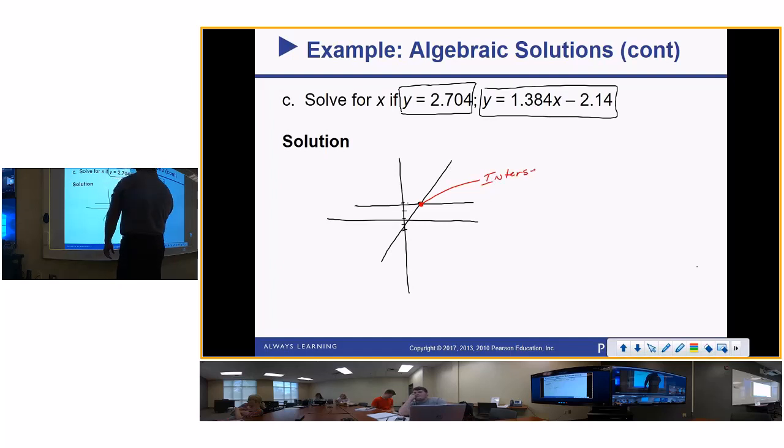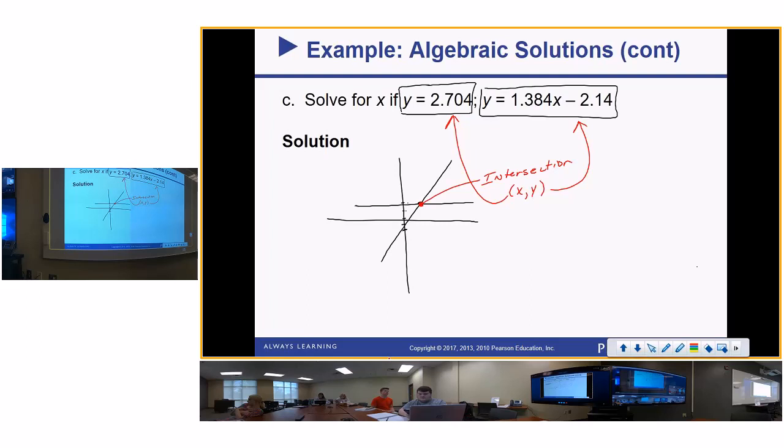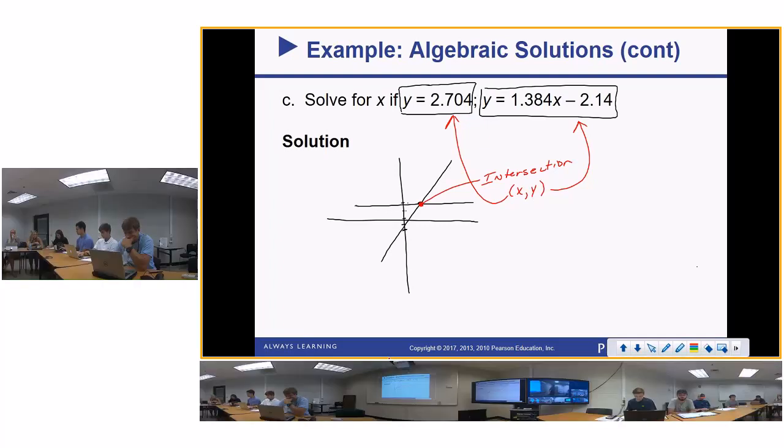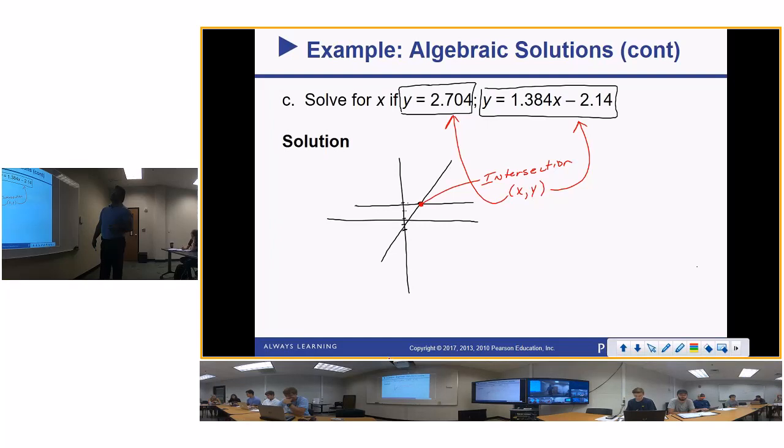And the intersection basically is an x and a y that will be true in what? Both what? Both equations. All right? So the intersection point, which will be x and y, will be true in both equations. Of course, you can't plug anything into the first equation because it doesn't have an x.